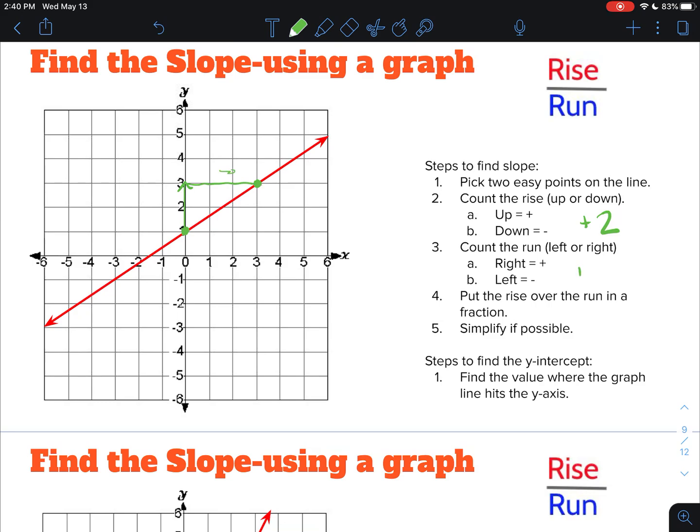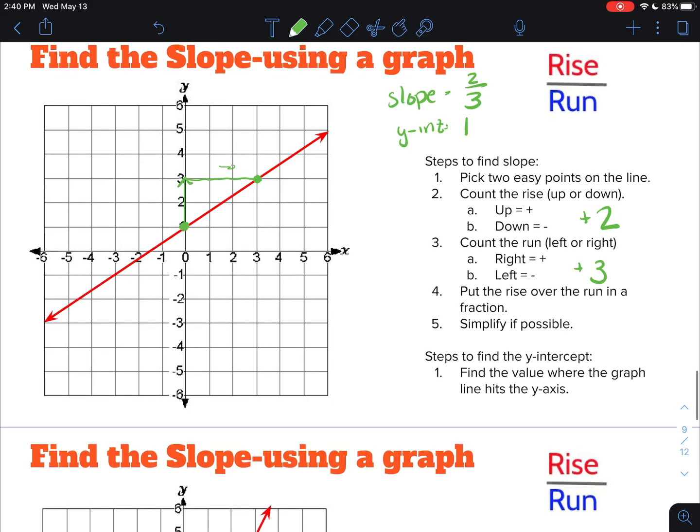And then I'm going to go 1, 2, 3 to the right. So that is positive as well because right is positive. So the slope is rise over run, 2 over 3. The y-intercept, where does the red line hit the y-axis? Oh, it actually hits it at 1. I use that point. So the y-intercept is 1.